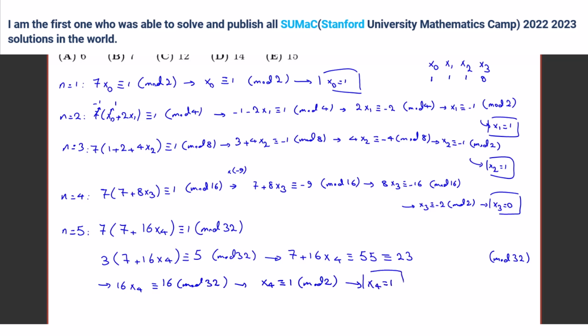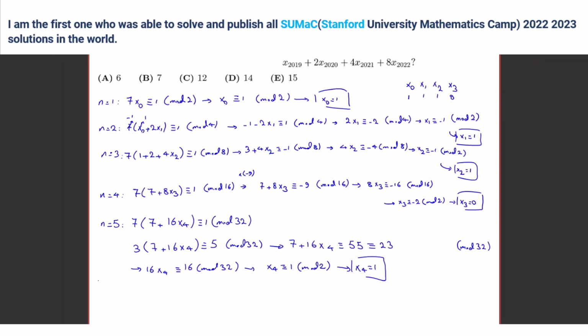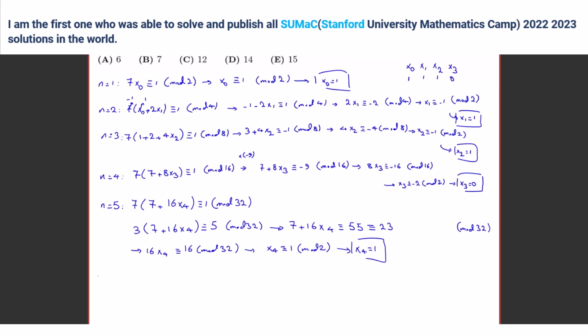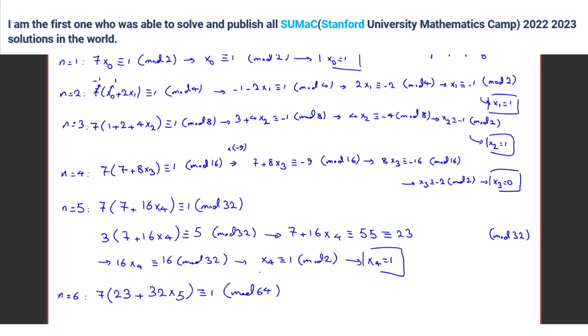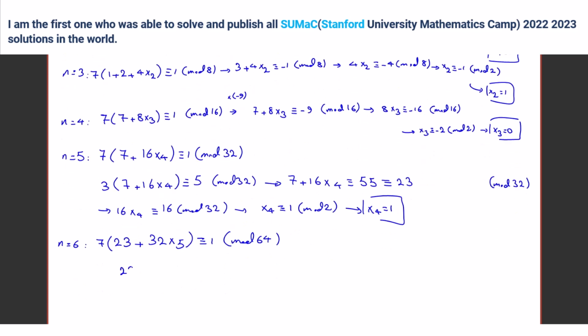Yeah. Now for x5, we should consider n6. So 7 times 7 plus 16, 23, plus 32x5, right, is congruent to 1 mod 64, agreed? Yeah. Then we can multiply both sides by 9, or negative 9, right? Yeah.